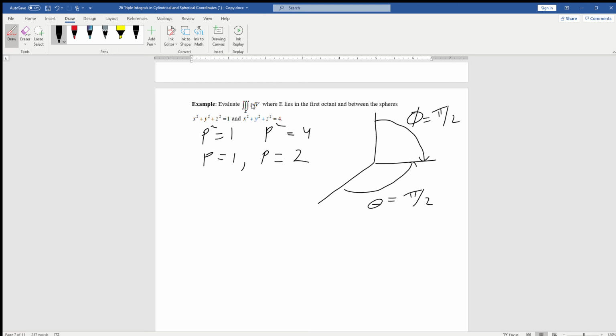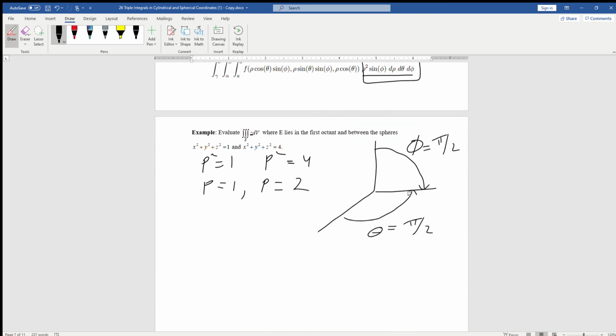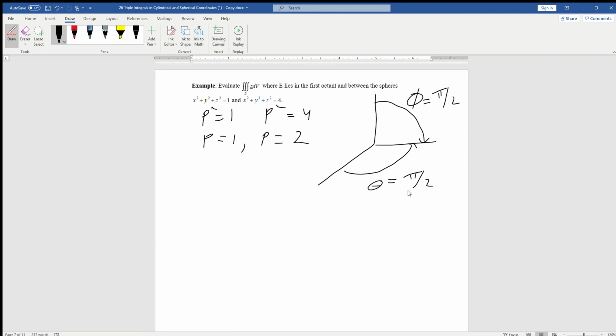All right, now we can't forget that z has an identity of rho cos phi, so we have to go back up. We have to remember that z is rho cos phi, and the other thing we can't forget is our multiplier, rho squared sine phi d rho d phi d theta. All right, so let's plug it all in and construct a triple integral.